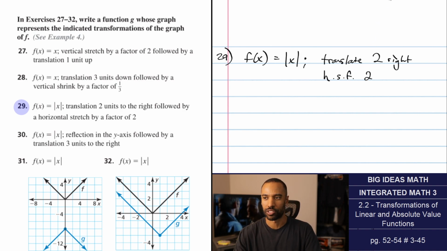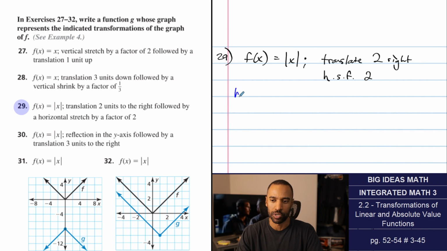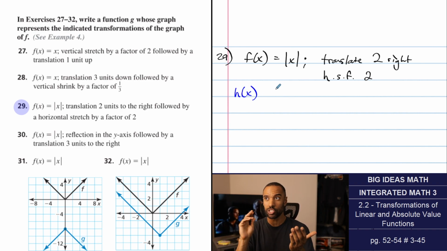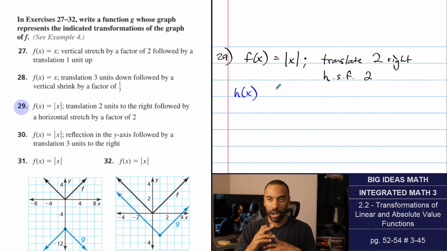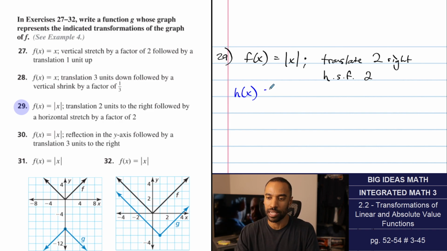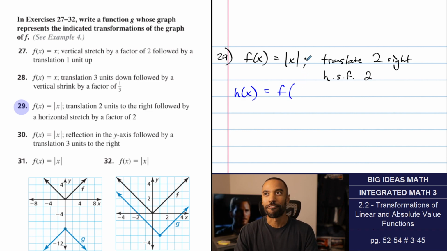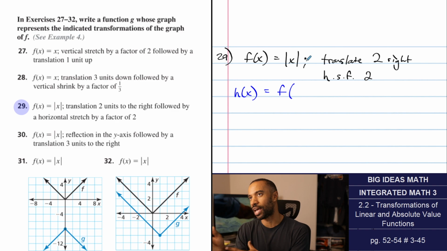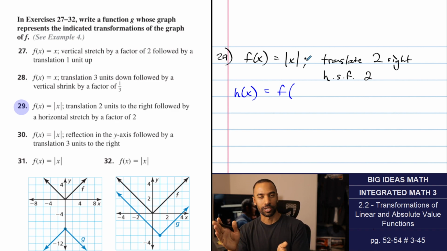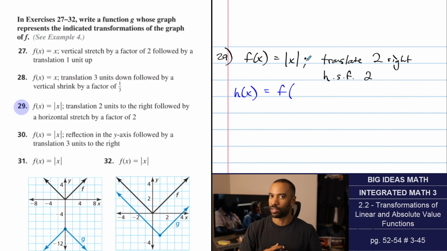So notice how translate to the right. This is going to be the same kind of thing as you just saw. The 2 to the right needs to kind of be in parentheses here. And I think that goes to speak about what I've been talking about with respect to factoring out that number inside of your function so you can reveal the true h.